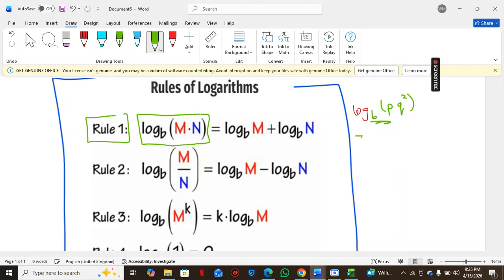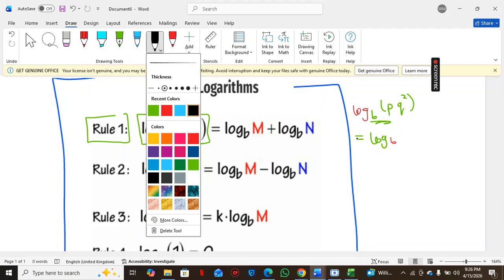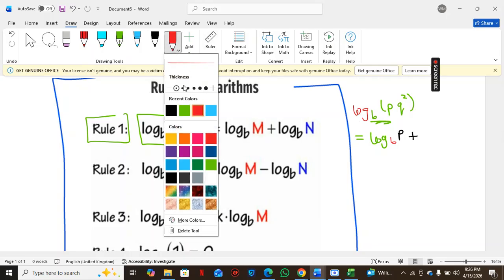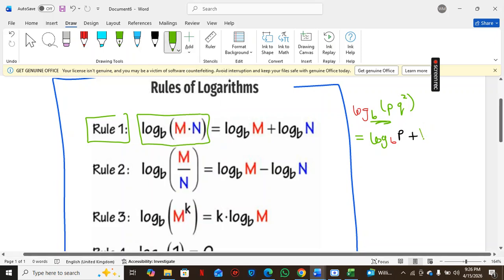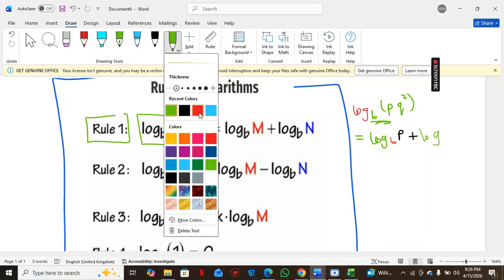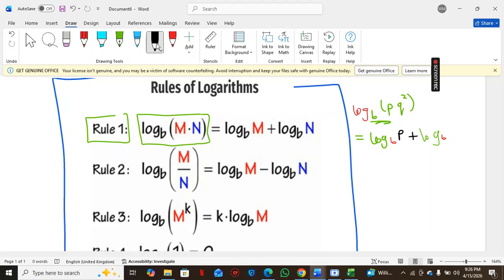So we can break this down to become log_b p plus log_b q squared.